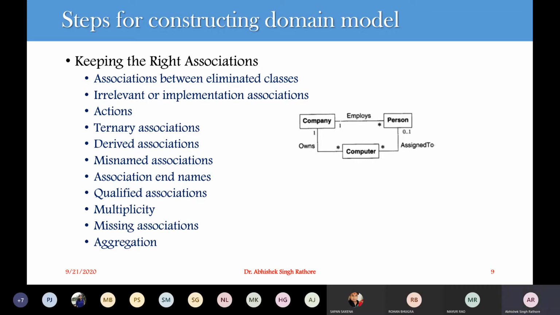Because this association is just a natural way, a whole-part relationship that exists in your particular association, or we can say this association is a special case of aggregation. So whenever we have the aggregation, we will consider the aggregation, and we can remove this relationship from your domain model.